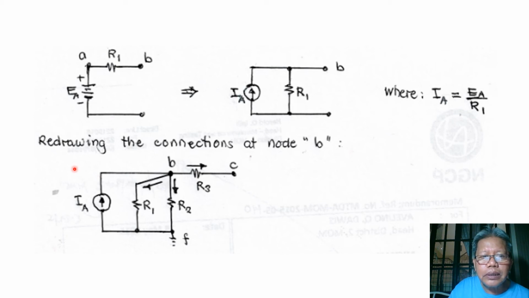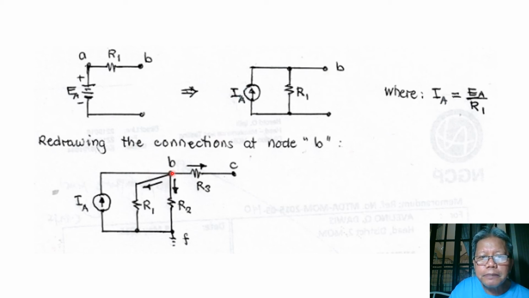Redrawing our circuit now at node B, we have this, because node A now disappears, because we have considered this as this one. So node A is already eliminated. So we have only this node B here left.